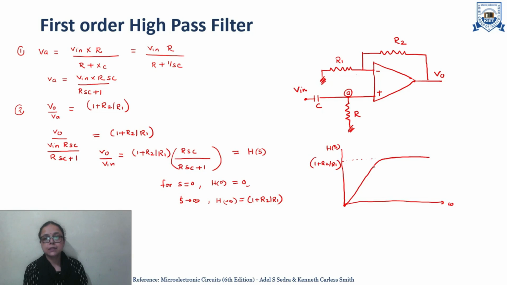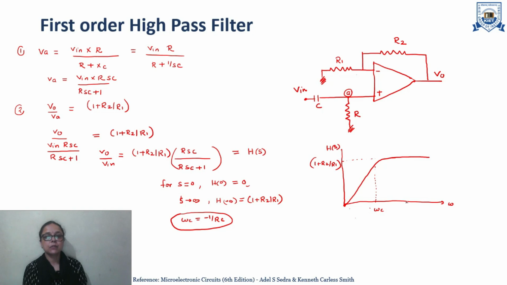And the cutoff frequency of this filter, omega c, is given by minus 1 by RC. It is obtained by putting the denominator to 0. So, omega c will be minus 1 upon RC. Again here this is the pass band. After omega c, it is the pass band of high pass filter, and below omega c it is the stop band.